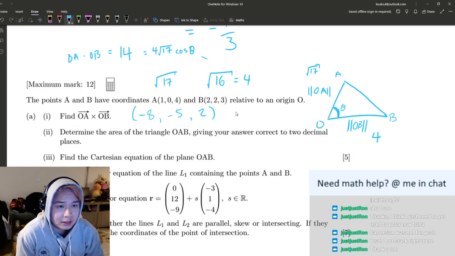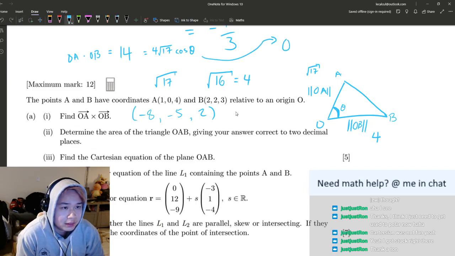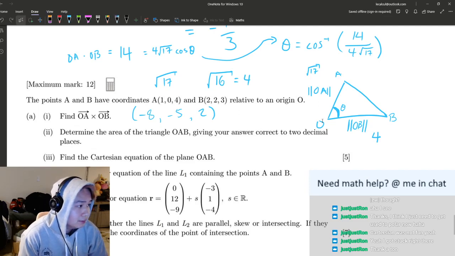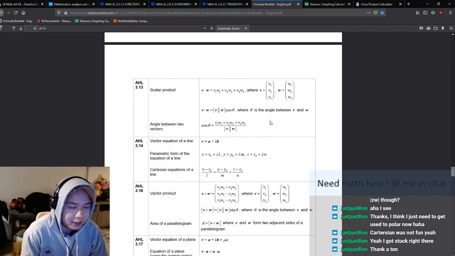So then theta is the inverse cosine of 14 over 4 root 17. Whatever the heck this is, I guess I'll figure it out.